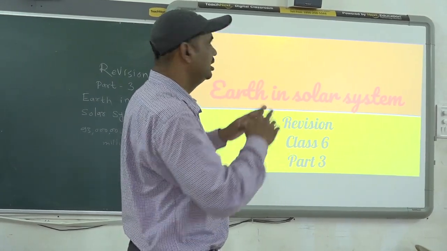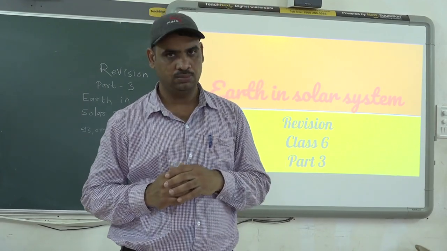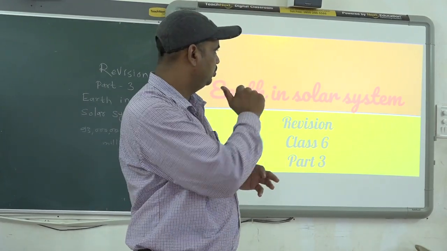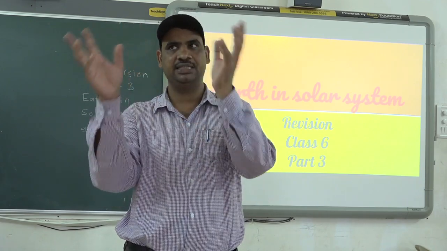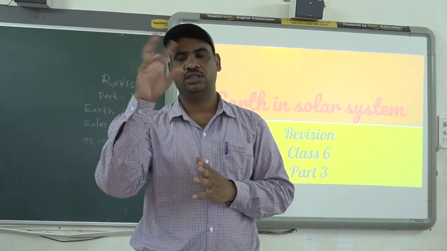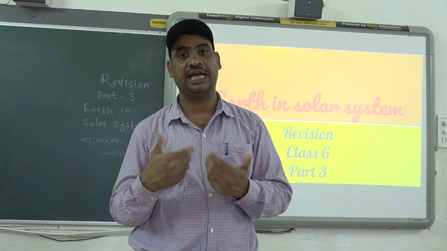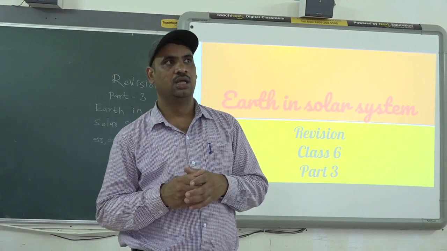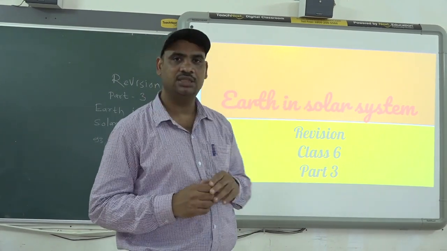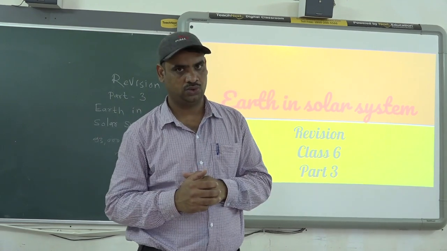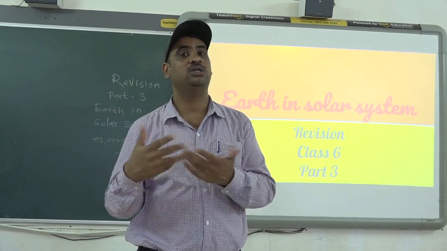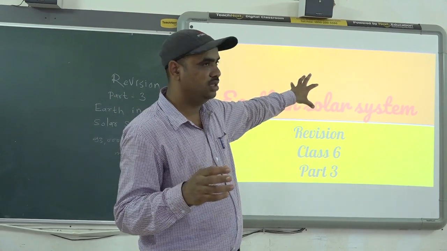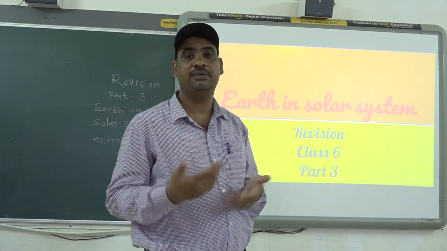So what will happen? There will be darkness in the room, and if you point the torch at the wall, you can see the shining part, the rays. And when you switch on the light of your room, you are not able to see the lighted part of the torch.